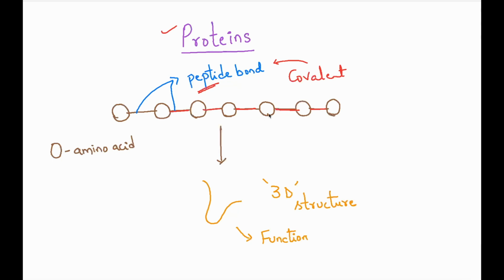Amino acids are joined together by peptide bonds to form a polypeptide chain that folds into a unique three-dimensional structure. So every protein has to fold into a specific shape, called the three-dimensional shape. This shape will differ from protein to protein, and it is highly dependent on the sequence of amino acids.